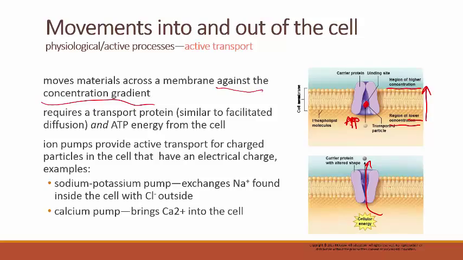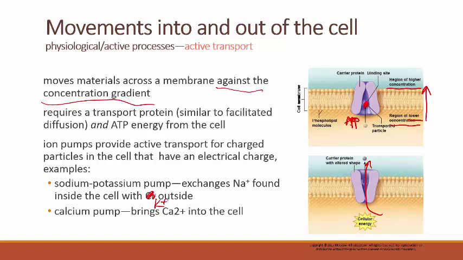So, like I say, there are a couple of different kinds of ion pumps. There's just sodium pumps. There's another protein called the sodium-potassium pump, and it does an exchange. I don't know why I have Cl minus. That should be a K plus.